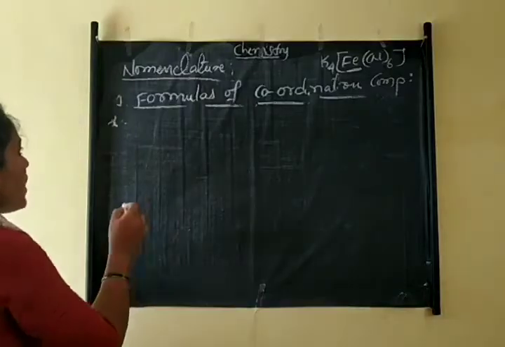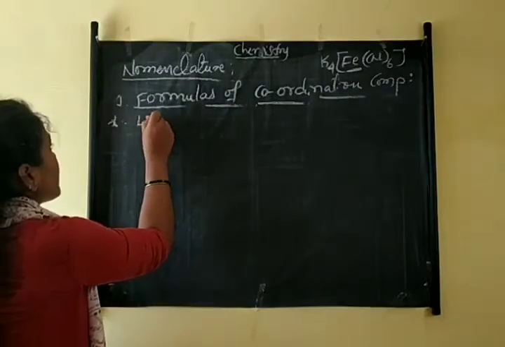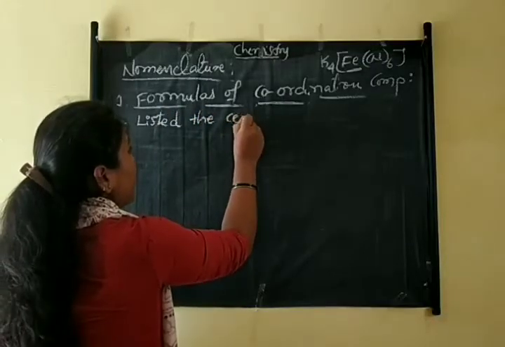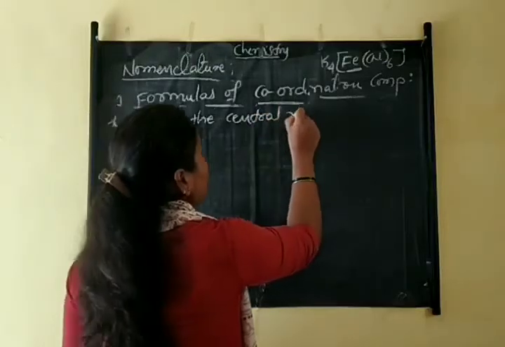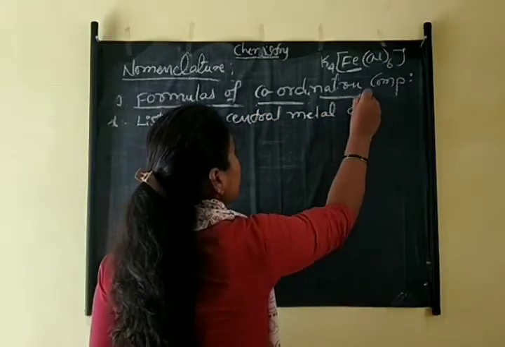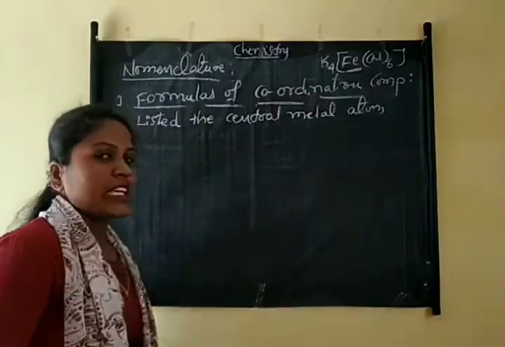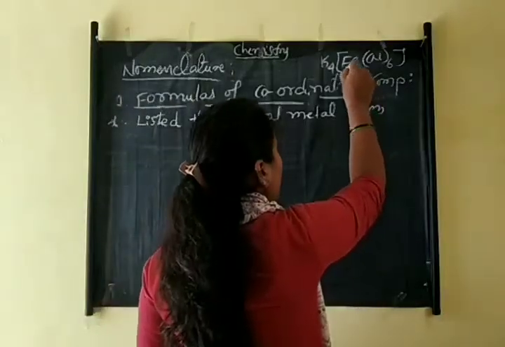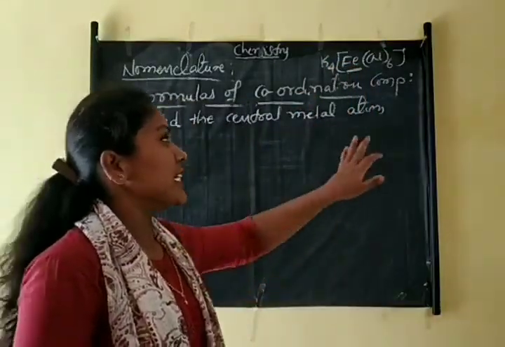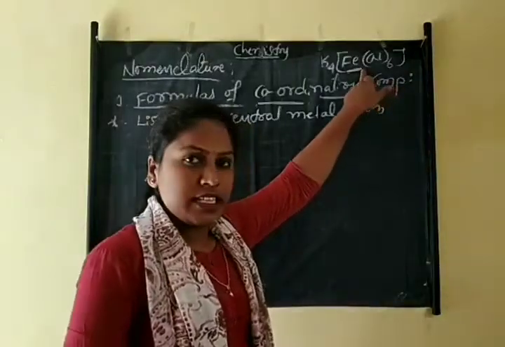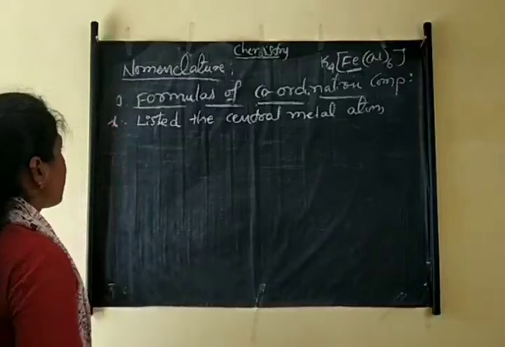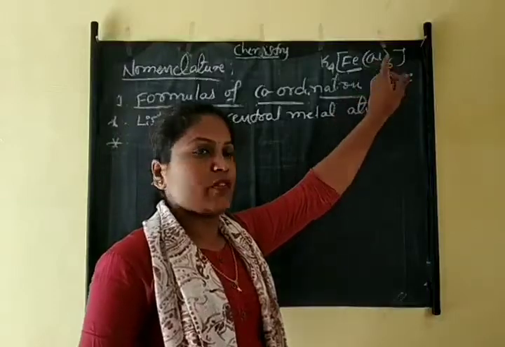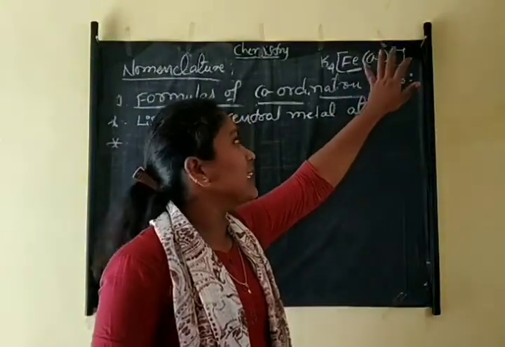That is the first rule. Here iron is the central metal atom. And next, the ligands are listed.